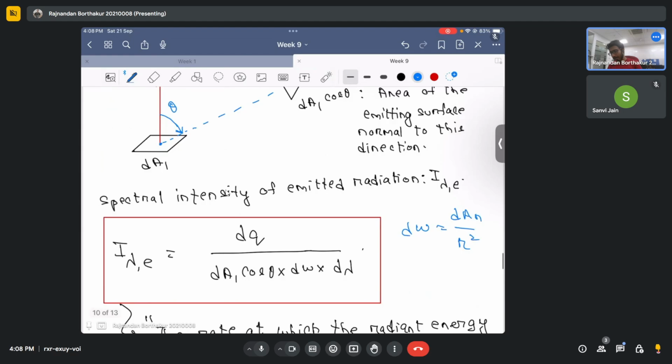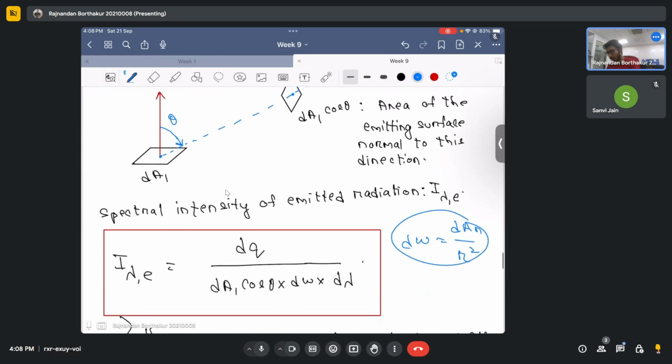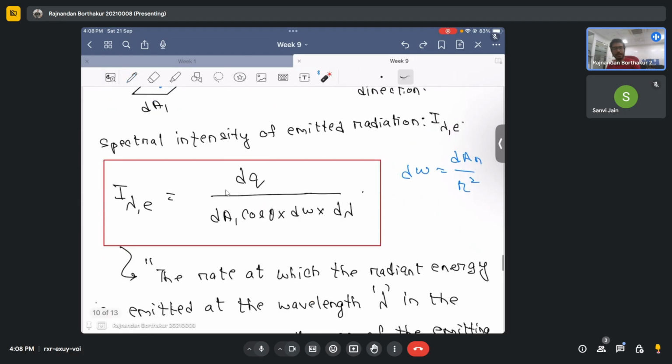This ratio is known as the solid angle. For a sphere, the solid angle is just sine theta d theta d phi, and you can easily calculate it at your end.